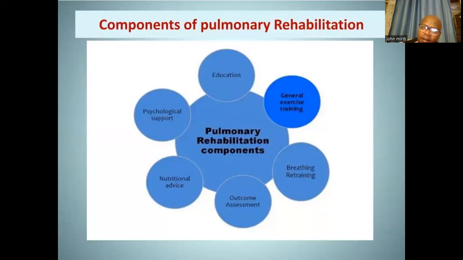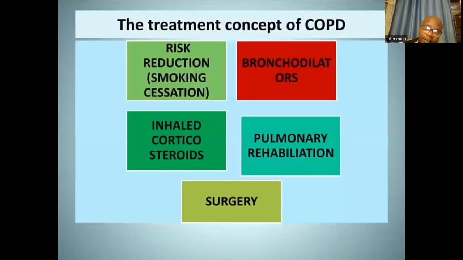The components of pulmonary rehabilitation are education, where you have to educate this patient, training on general exercises, breathing retraining, and outcome assessment. You give nutrition, and psychological support is also very relevant.